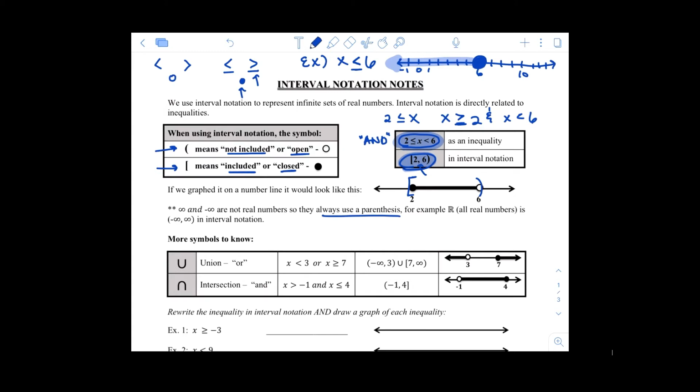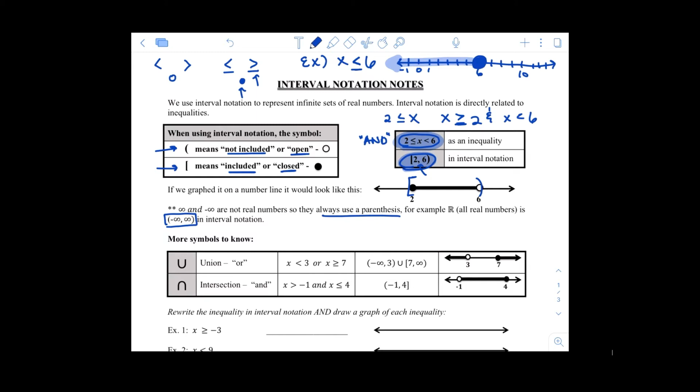In the past, in Algebra 1 especially, you learned about all real numbers, and that was a phrase you would use to show every number on the number line. Well, in interval notation, that would be parentheses from left to right as we read all of our graphs, negative to positive infinity.